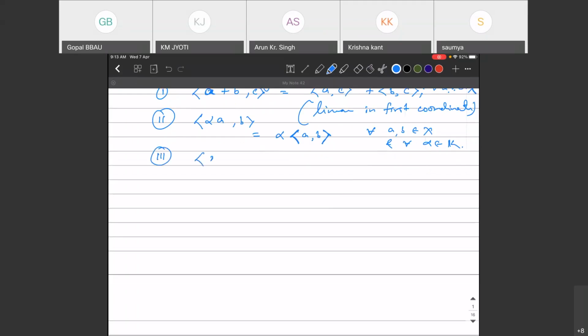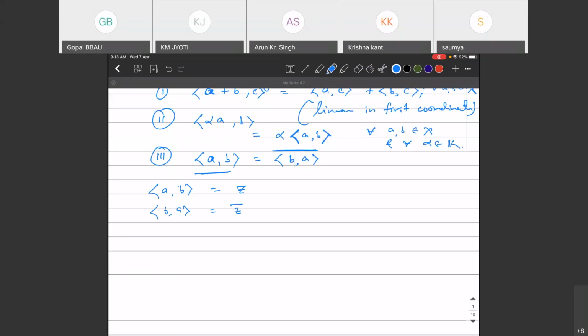Then there is this condition: A comma B is the same as B comma A whole bar. Here bar means conjugate. You know A comma B may be a complex number. If this is a complex number Z, then B comma A would be Z bar.